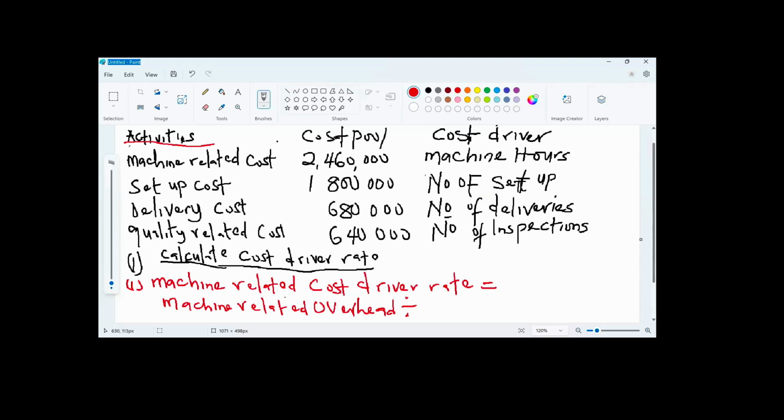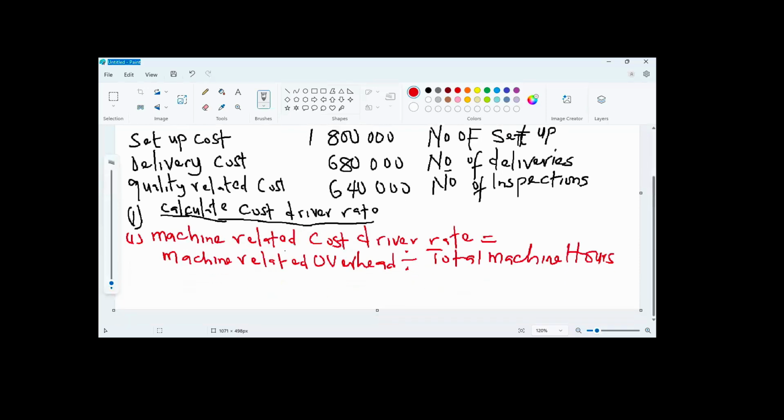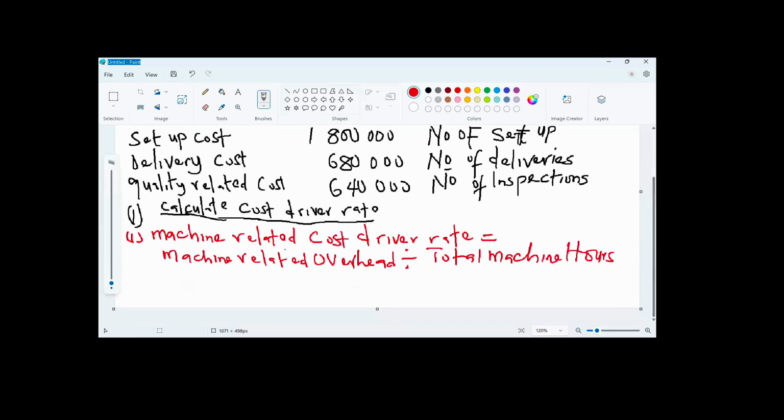I'm asking a question. Machine hours. So, machine hours divided by total machine hours. The cost driver for machine related cost is machine hours.